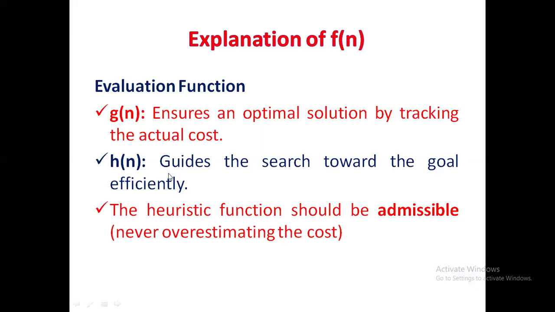And H of n provides an estimated cost from the current node to the goal, helping direct the search toward promising areas. For optimality, the heuristic function must be admissible, meaning it never overestimates the actual cost. A well designed heuristic improves efficiency while guaranteeing correctness.